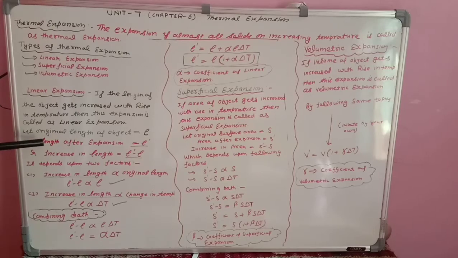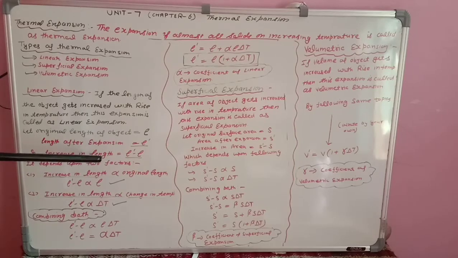And students, for expression we have taken that let original length of object is L and length after expansion is L dash. Let us suppose the original length was 5 centimeter, and when you increase the temperature, obviously the length will increase. So it will become, let us suppose, 7 centimeter. So what is the change?